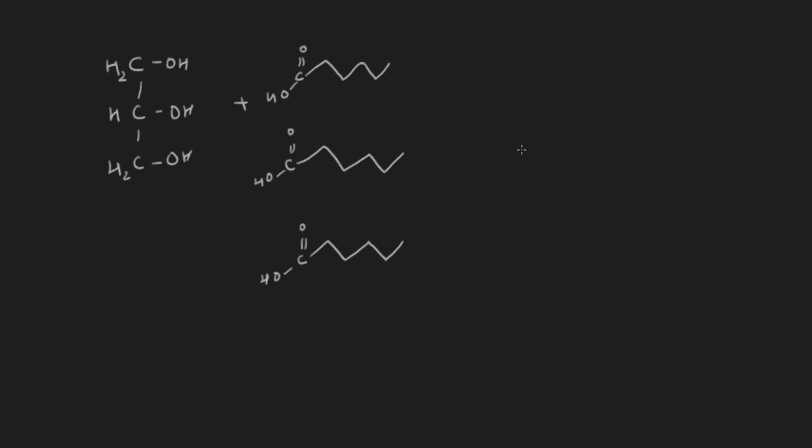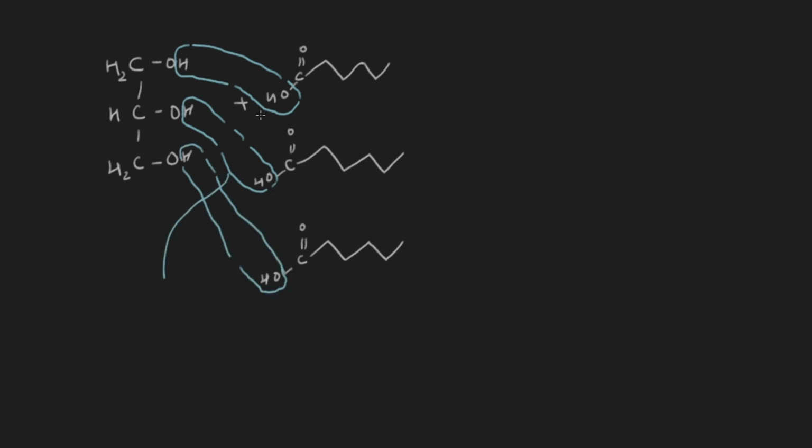So we'll join these 3 molecules of fatty acids together. While joining these, 1 molecule of water is going to be removed, this OH and this H of glycerol. These 3 molecules of water will be removed.